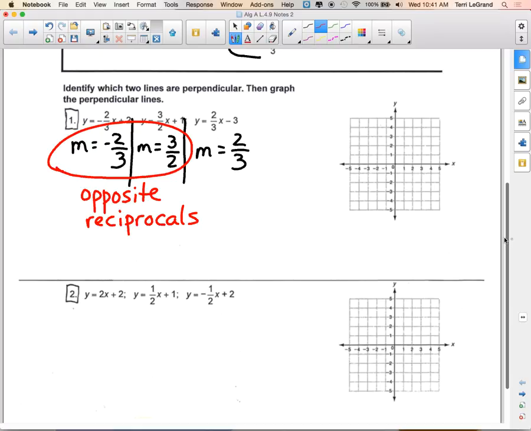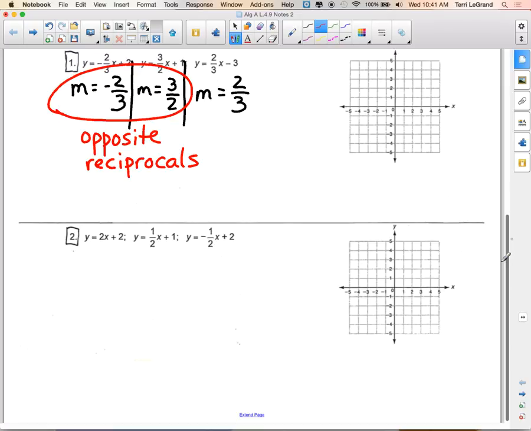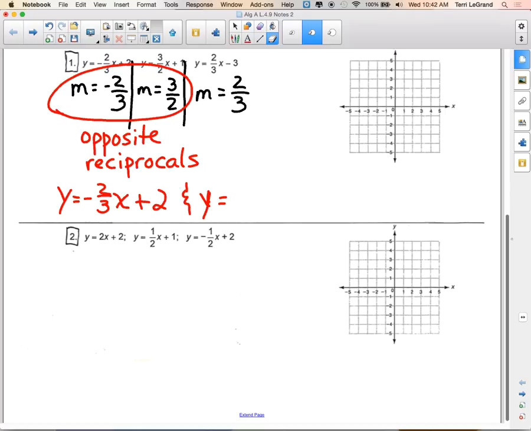Okay, well if they are opposite reciprocals, then we're convinced that those two equations are equations of perpendicular lines. So what we're going to do is write that y equals negative 2/3 x plus 2, and y equals, not negative 3/2, it's a positive 3/2, 3/2 x plus 1 are perpendicular.